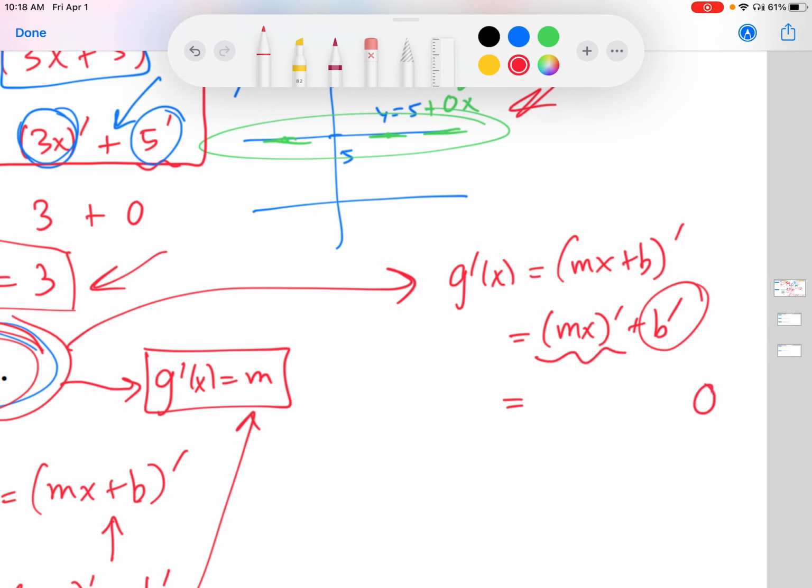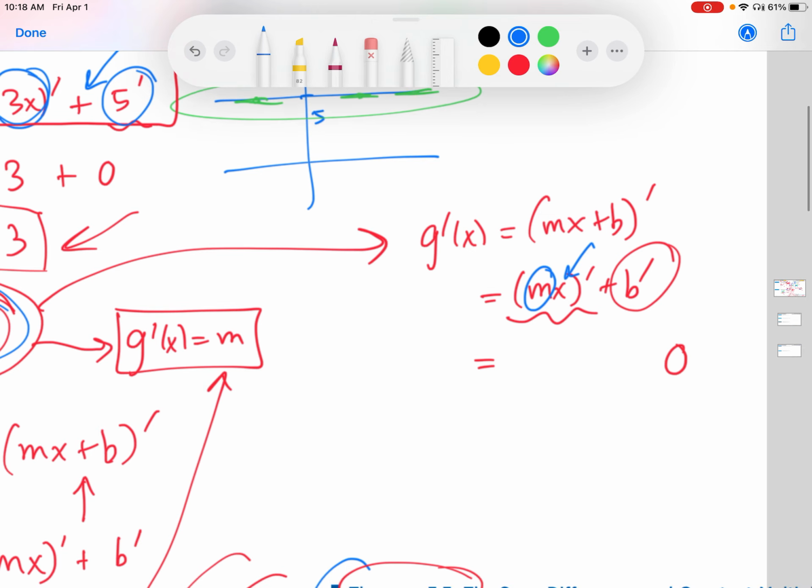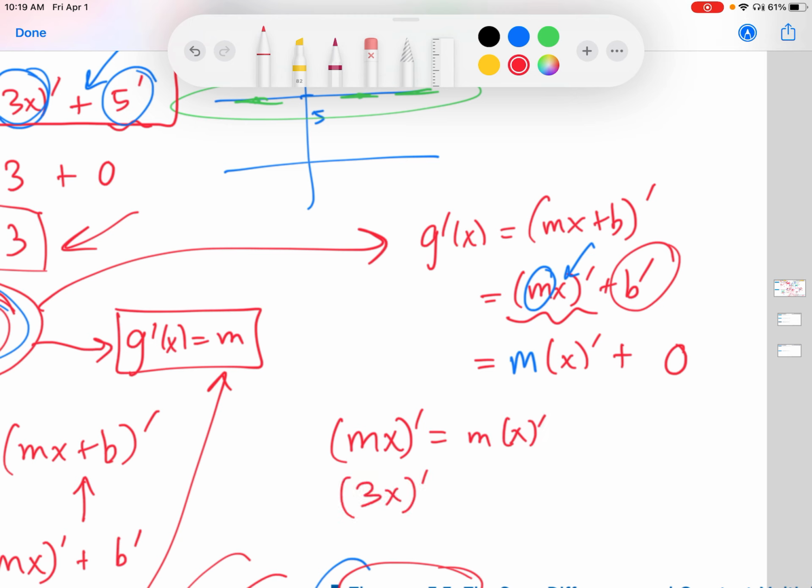Over here, we can now view this as m, which is a number, times x, the function. So I could use the constant multiple rule. So I could say this is equal to m times the derivative of x. See? In other words, mx prime is m times the derivative of x. To use a numerical example, 3x prime is 3 times the derivative of x.